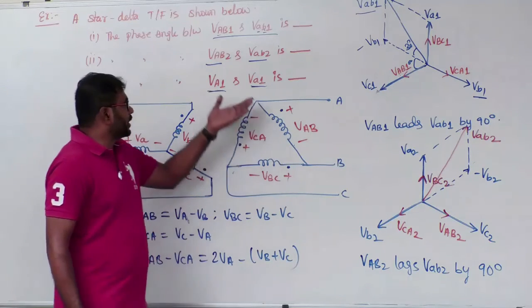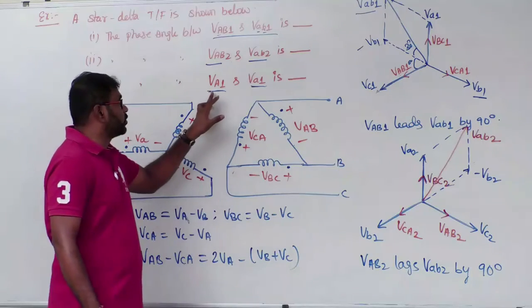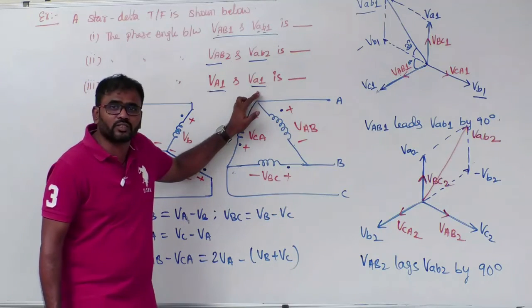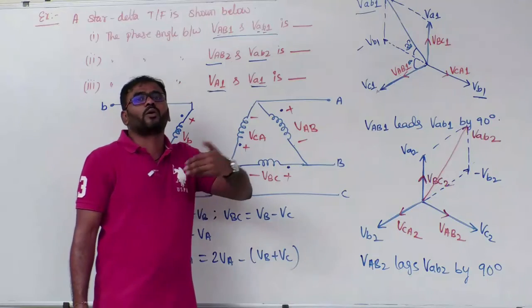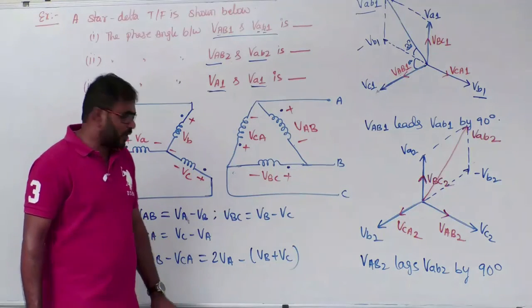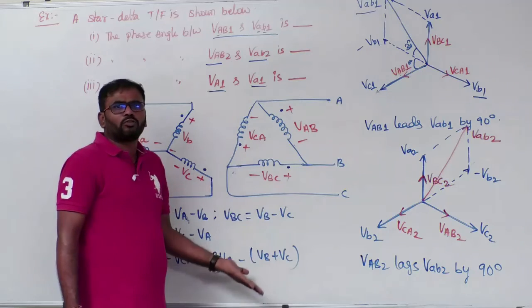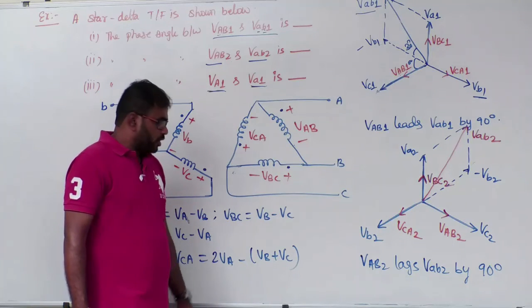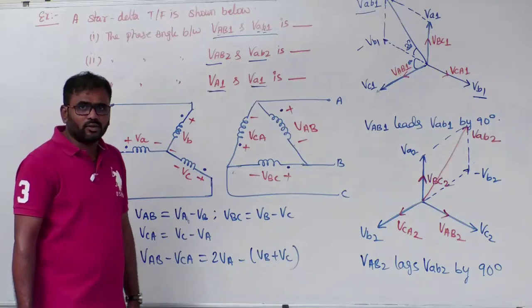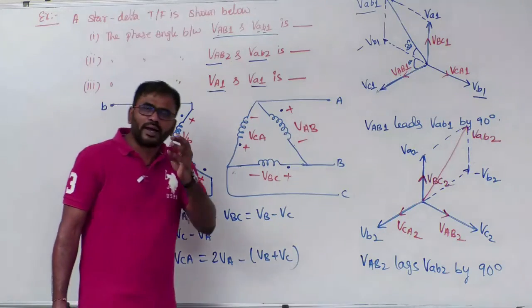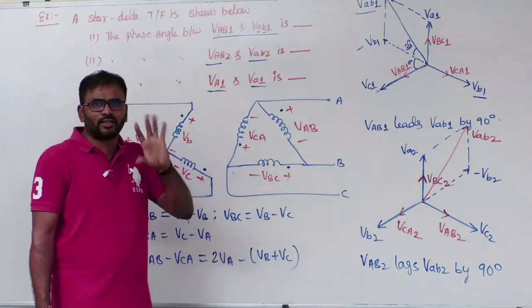Tell me, I am talking about balanced system or unbalanced system here? 100% balanced. Why? Because with respect to positive sequence, system is always balanced. With respect to negative sequence, system is always balanced. That's why when you write VB1 plus VC1, nothing wrong to say minus VA1. When you write VB2 plus VC2, nothing wrong to say it is what? Minus VA2. Because by default positive sequence is a balanced system, negative sequence is a balanced system.